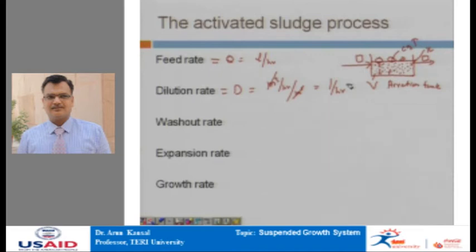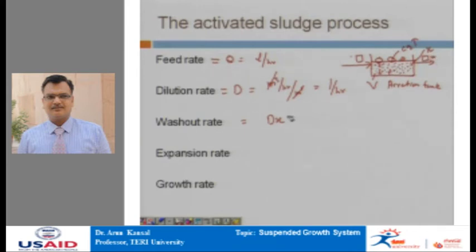Now, if there is an existing bacterial biomass in the reactor, then it also gets washed out at a rate equal to the dilution rate times X. To give you an example, suppose X is the total amount of biomass in the system, then this biomass is getting replaced with the incoming fresh wastewater, which may have negligible biomass, and what comes out carries with it the concentration of the biomass.